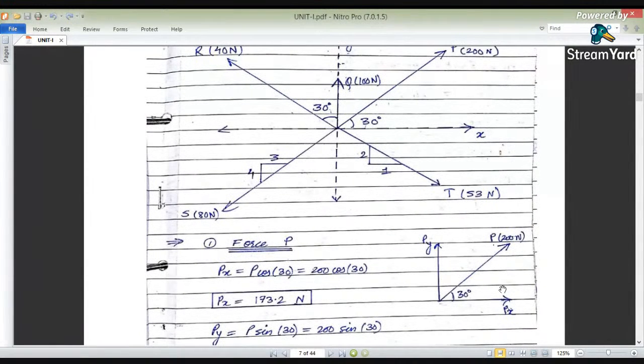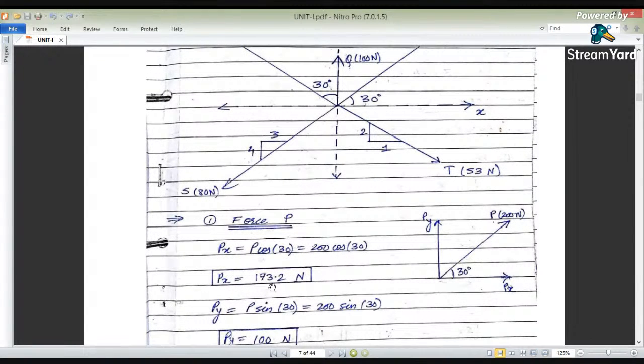Px is the horizontal component and Py is the vertical component, as we are resolving P. Since it makes an angle of 30 degrees with the horizontal, Px equals P cos 30, that is 200 into cos 30, which comes to 173.2 newtons.